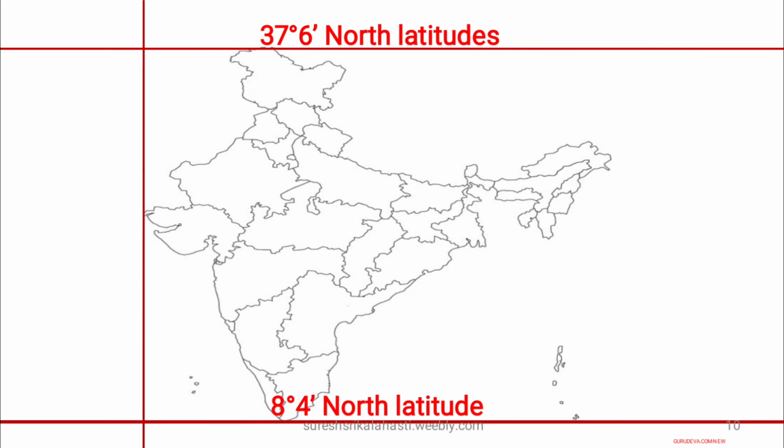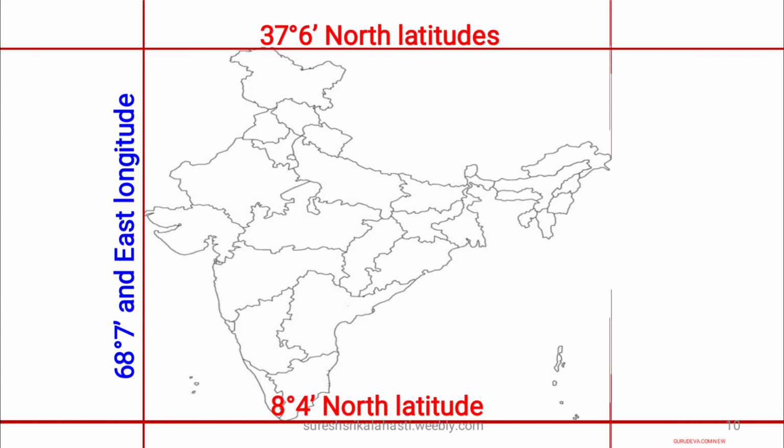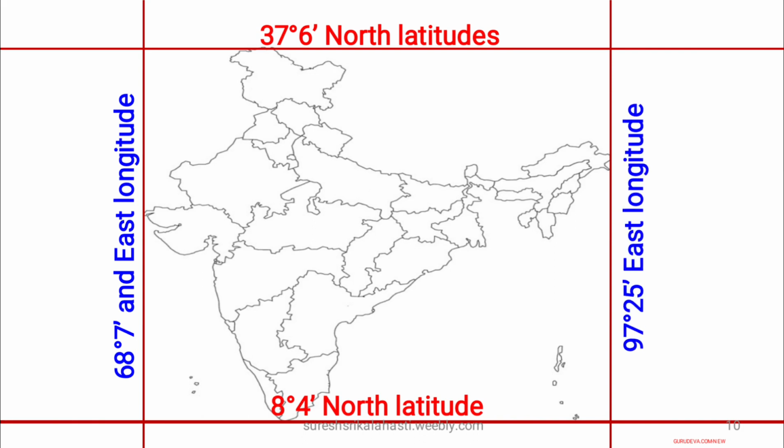See the most western part on the left side, that is 68 degrees 7 minutes east longitude. See the most extreme eastern side near Arunachal Pradesh, that is 97 degrees 25 minutes east longitude. So this is the location of India. India is located totally in the northern hemisphere and eastern hemisphere.